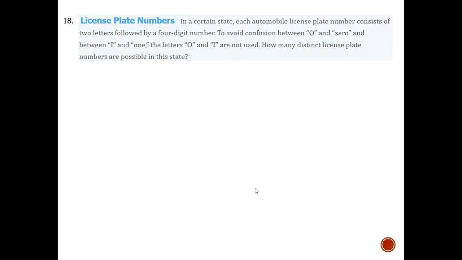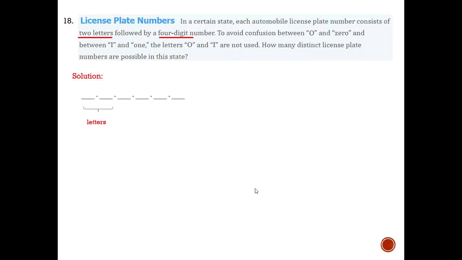License plate numbers. In a certain state, each automobile license plate number consists of 2 letters followed by a 4-digit number. To avoid confusion between O and 0 and between I and 1, the letters O and I are not used. So how many distinct license plate numbers are possible? Okay, so this is 2 examples.